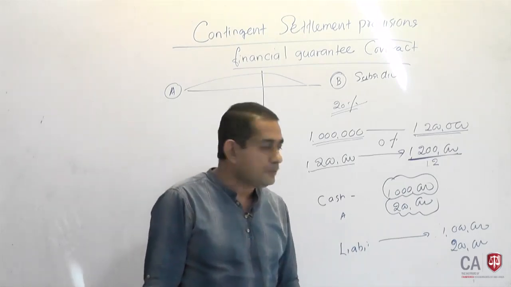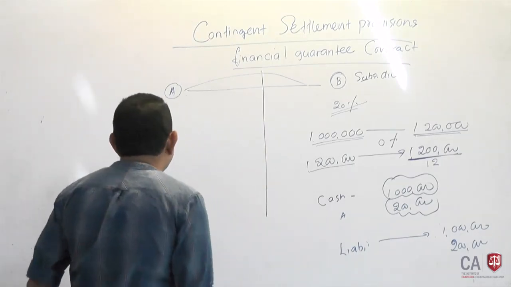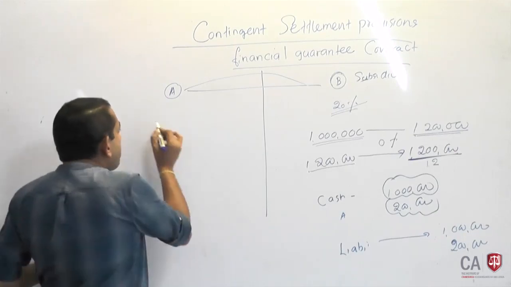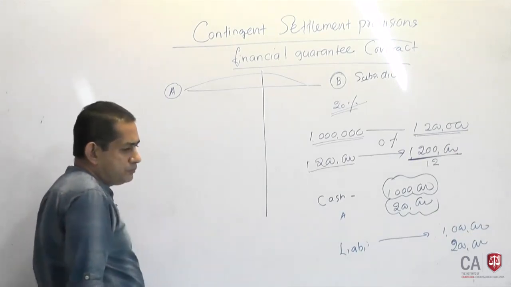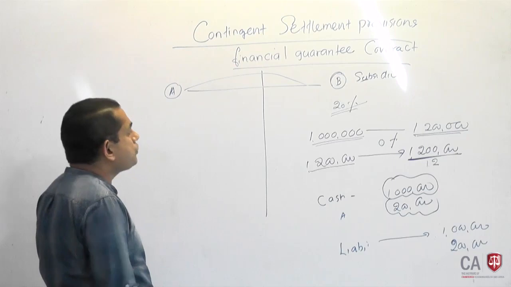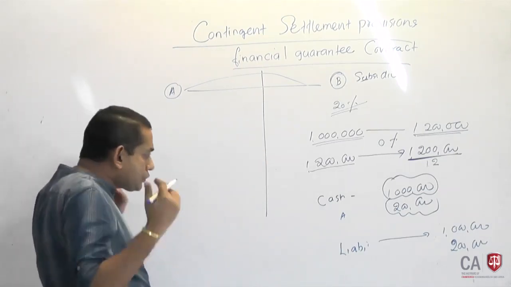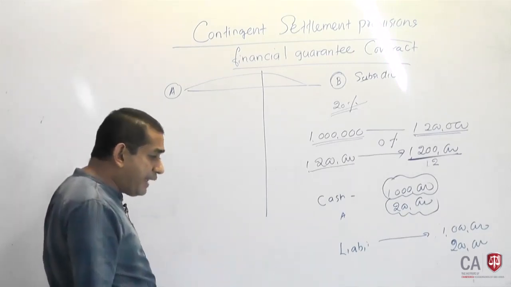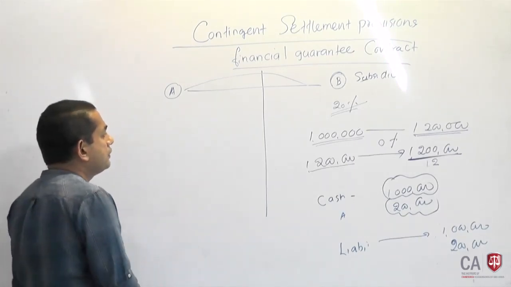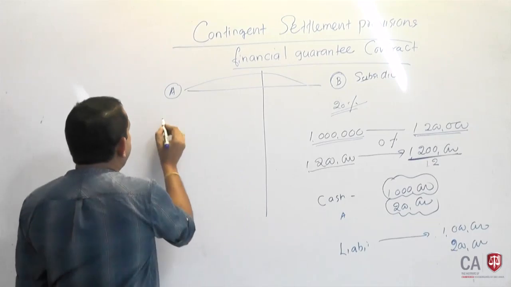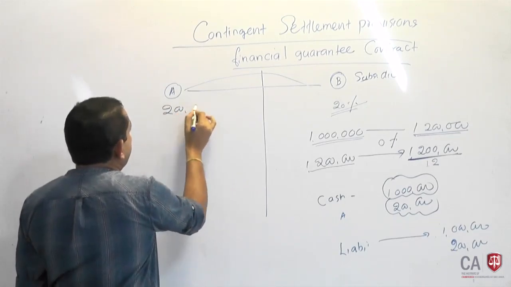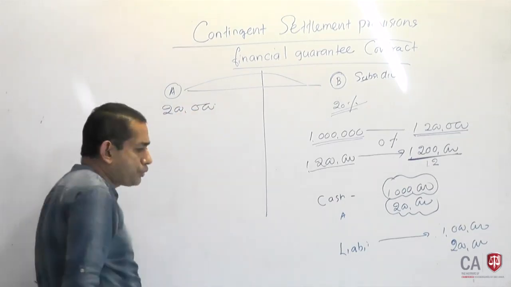Then if you come to the parent company, the parent company does not have to recognize the 1 million liability, it has to recognize only their bank guarantee as a liability. What is the value of the bank guarantee? 200,000 rupees.